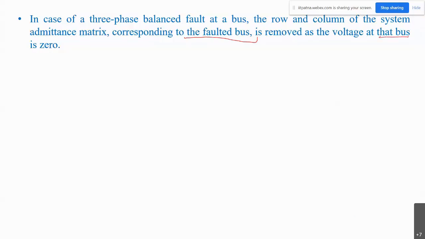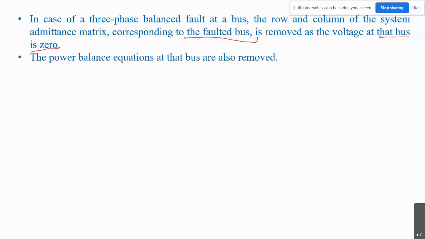If it is a balanced fault, then we can easily modify the model: we can remove the voltage equation and remove the column and row of the admittance matrix. That way, we can model the network equations.